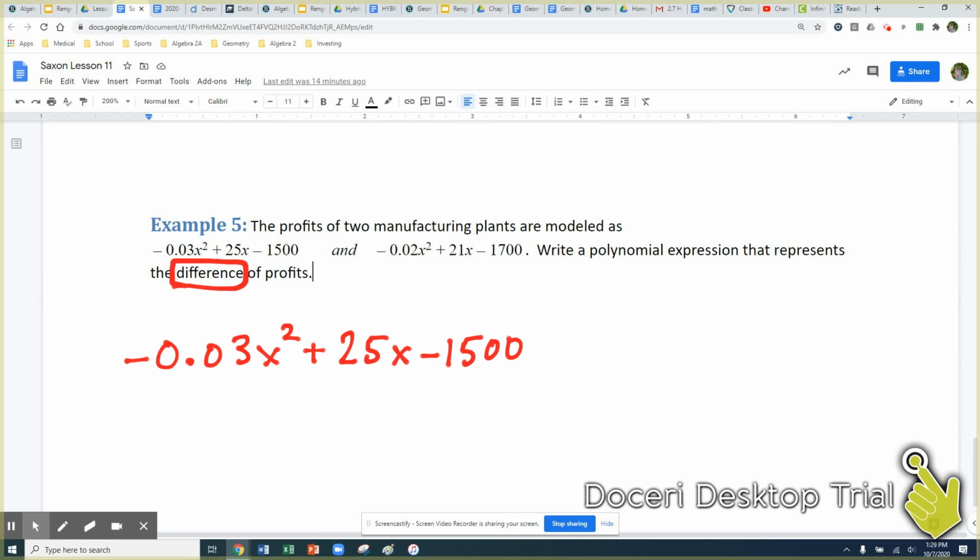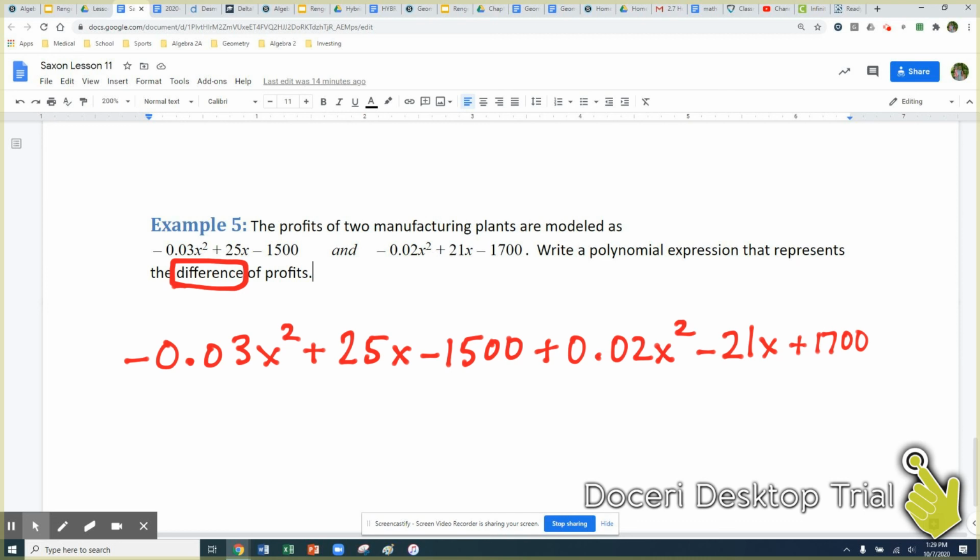Positive 2 cents. So I'm going to have a plus 0.02x squared. If I'm subtracting a negative, it's the same as just adding 2 cents. So I'm going to have that. Opposite of 21x, negative 21x. Opposite of negative 1,700, positive 1,700. So since I'm subtracting, remember we're doing the difference, I'm subtracting this company's profits, I'm going to do the opposite of each of these terms.